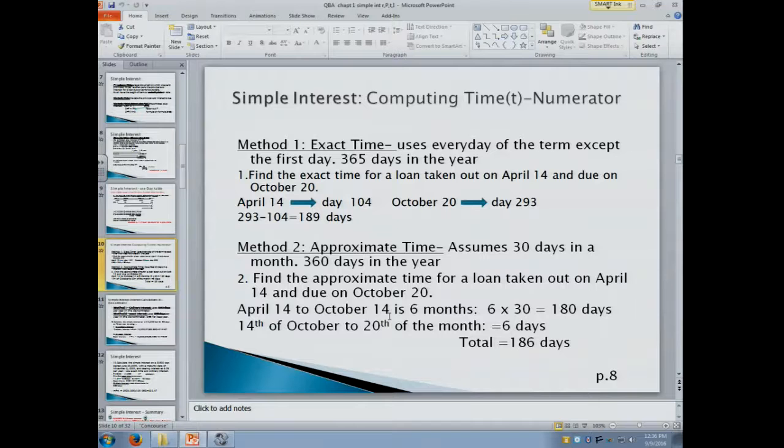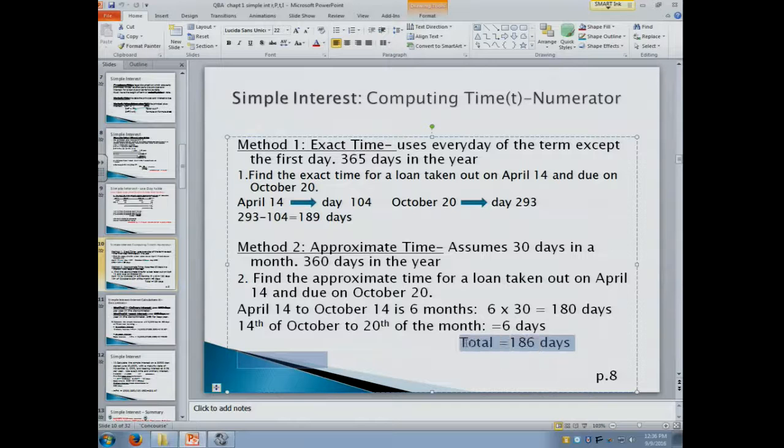So you will say 6 months times 30 days, or 180 days. Then from October 14th to October 20th is another 6 days. So 180 plus 6 days is 186 approximate days versus exact time was 189 days. So this is exact time, this is approximate time. Practice those.